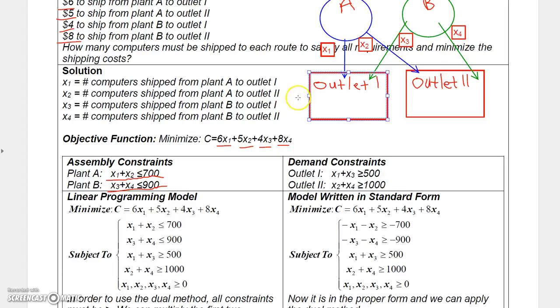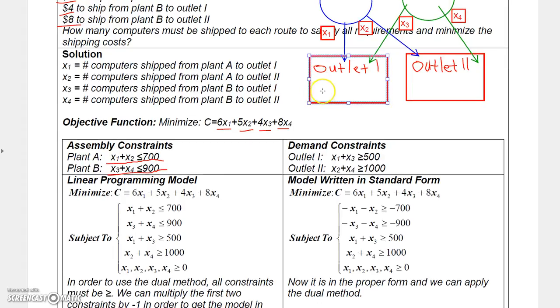So for outlet 1, since it's got to have at least 500, we know that X1 plus X3 must be greater than or equal to 500. And outlet 2 must have at least 1,000, so X2 plus X4 must be greater than or equal to 1,000.